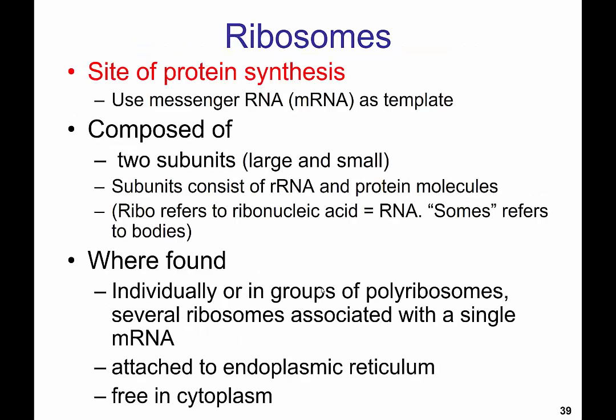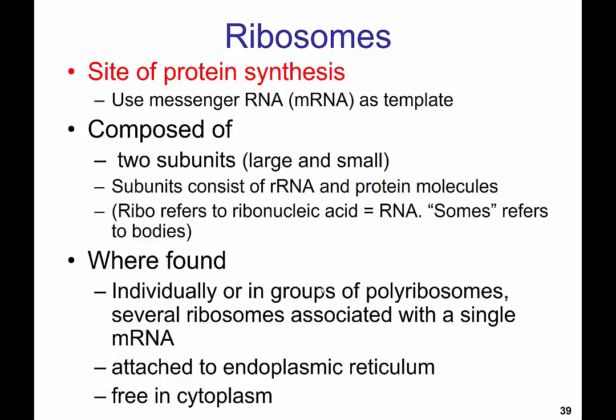Ribosomes, we just stated, are the site of protein synthesis. They use messenger RNA, denoted as mRNA, as a template. We'll see this later. Ribosomes are made up of two subunits. You have a large and small subunit.